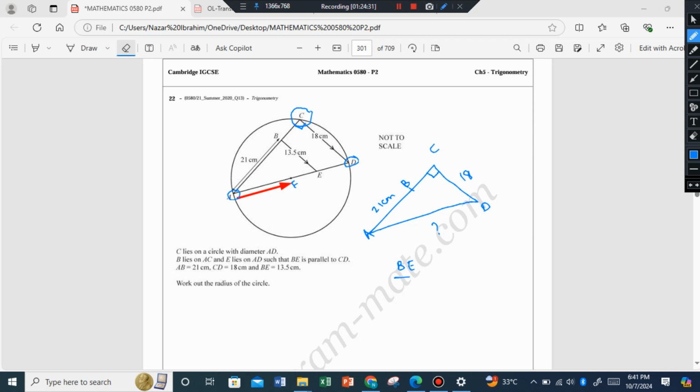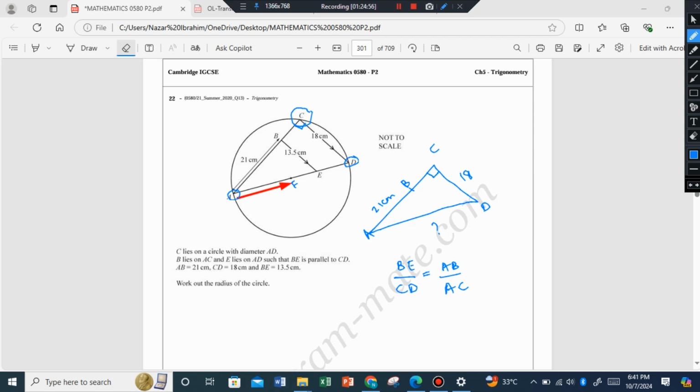So BE upon CD, which both are known, should be equal to AB, which is this side of the first triangle, upon the corresponding side of the second triangle, which is AC of triangle ACD. So if I can find out AC from here, then I can work out the side BC, right?